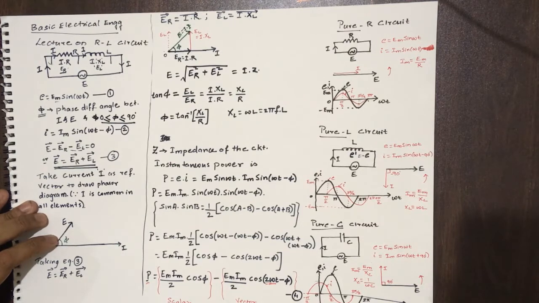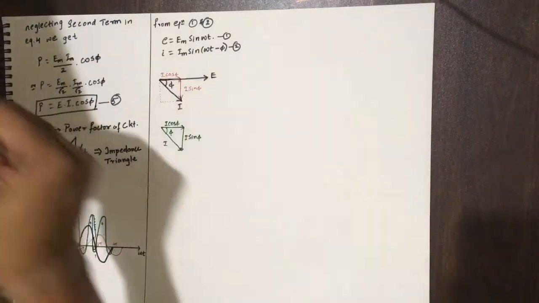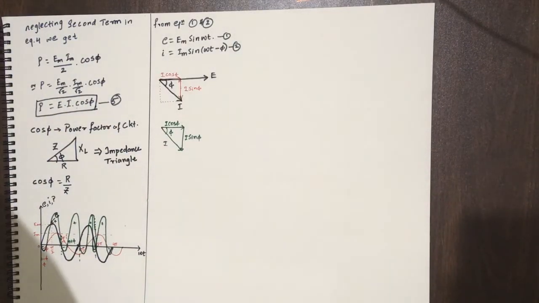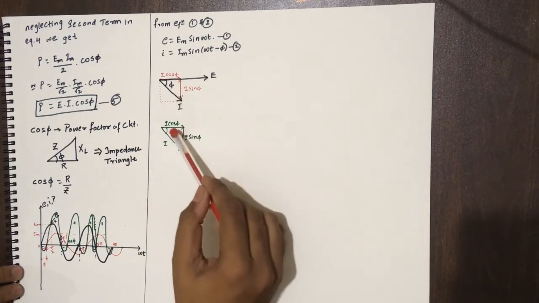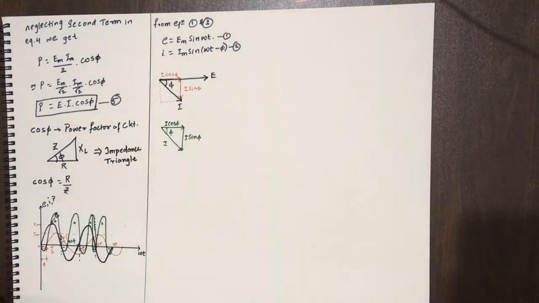So some part of the power is dissipated or consumed, and some part is stored. These two components of the current, I cos phi and I sin phi, tell us what component of the power is dissipated and what component is stored.